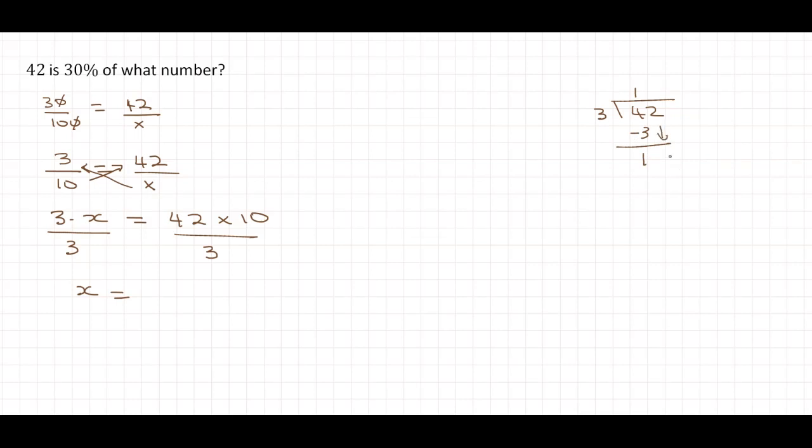We bring down the 2 here. 12 divided by 3, we have 4. 4 times 3, we have 12. Remainder is 0, so this is going to be 14 multiplied by 10, which is equal to 140. So that means 42 is 30% of 140.